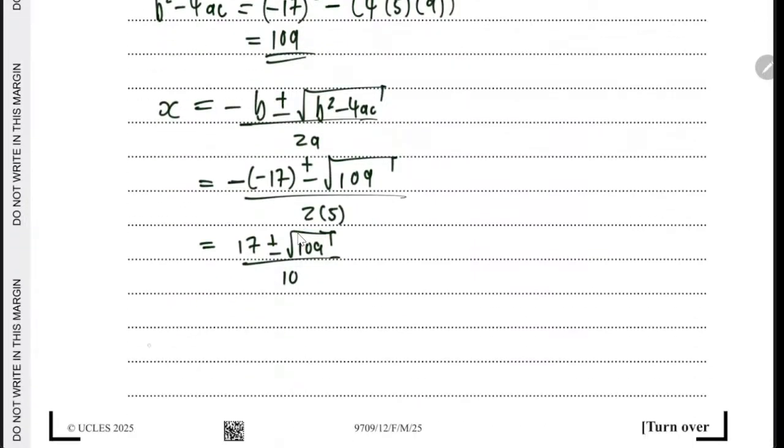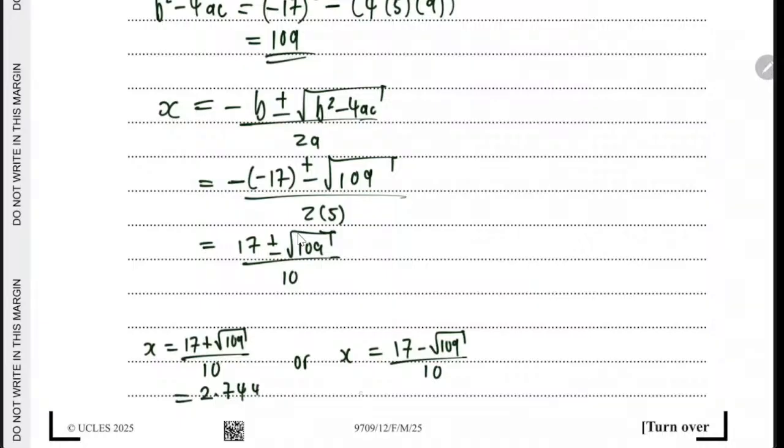Now you can find your solutions. x is 17 plus root 109 over 10. What is that? Or x is 17 minus root 109 over 10. What is that? 2.744. Yes. Then the other one. 0.656.